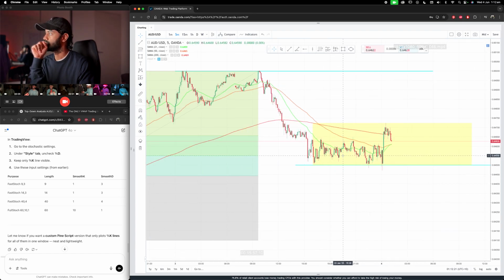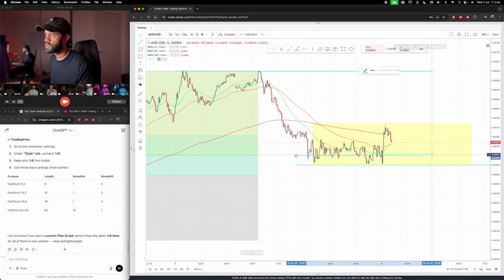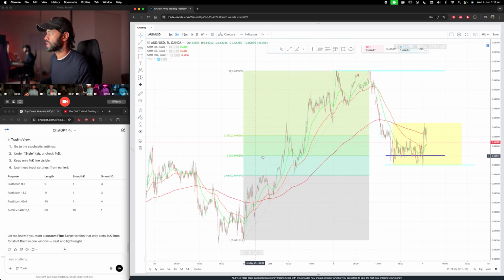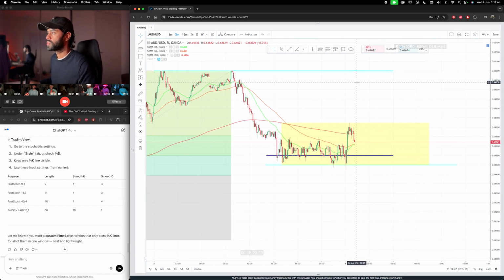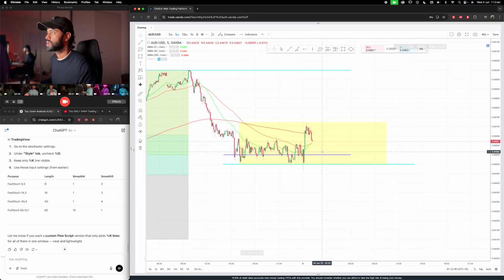Okay, I'm going to monitor this zone, 64.50. It's a really, really important spot. Okay, that's where I will enter. So if the market comes down to this spot, I will enter again.